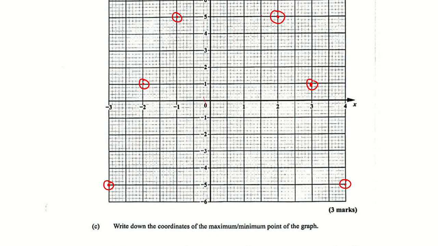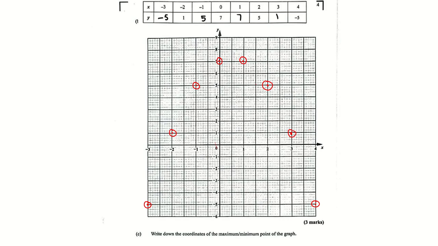Alright, so your graph is going to look, I don't like drawing this, but we'll try to do it. Again, when you're drawing it the first time, lightly press on your pencil, okay?